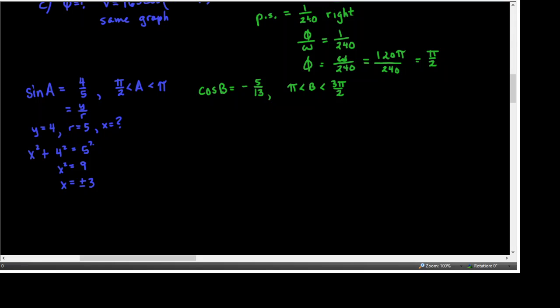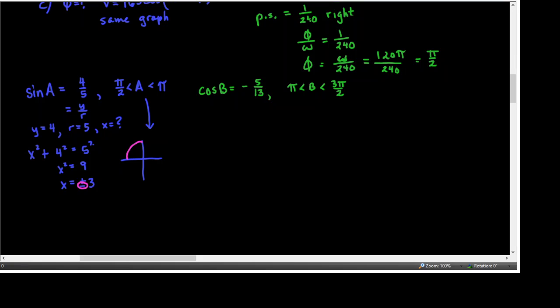Now, to determine which of those two it is, think about what they told us about angle A. It is between pi over 2 and pi. It's somewhere in there. And if you look at that quadrant, quadrant 2, what kind of number is x in that quadrant? It's negative.